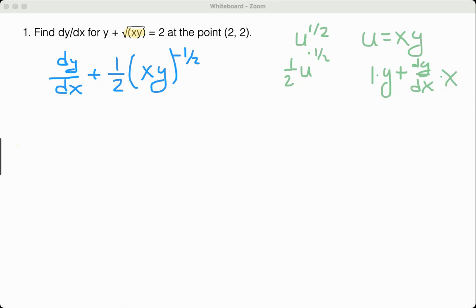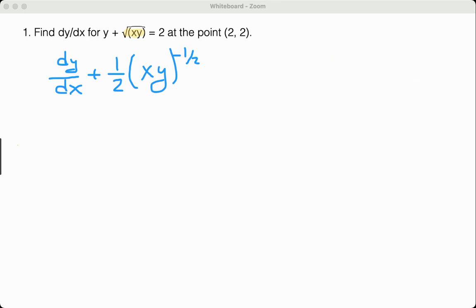And when you do the chain rule, you take that first derivative of the outer function times the derivative of the inner function. Tell you what, I'm going to go ahead and erase that, take a nice look at it because it's going to go away, but I'm going to put that same information, the derivative of the inside function, the derivative of x times y plus the derivative of y times x in there.